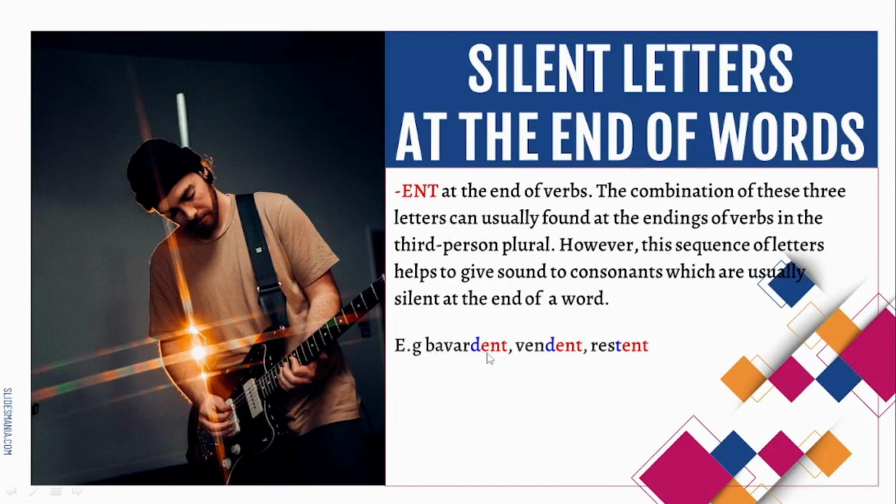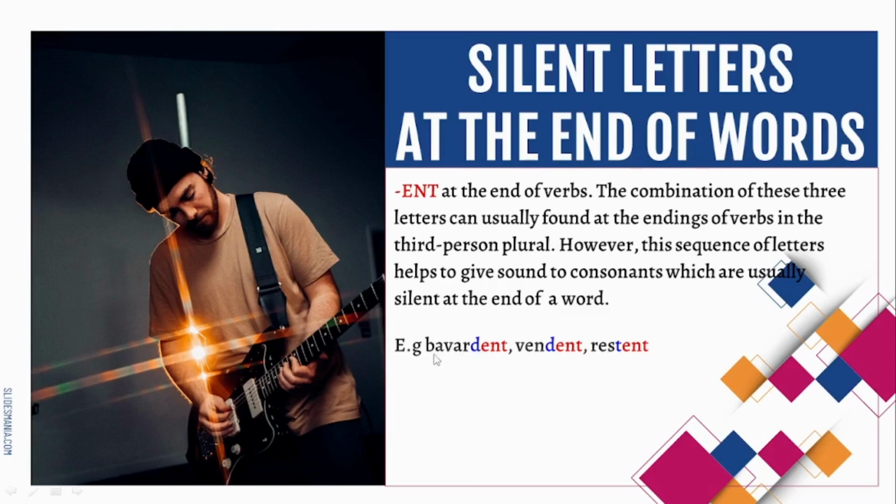ENT on adjectives and adverbs are pronounced, and it's usually pronounced on. However, on verbs, you do not pronounce the ENT, right? The ENT only gives sound to the consonant, right? Which are usually silent at the end of a word.